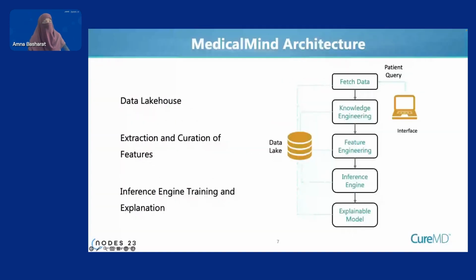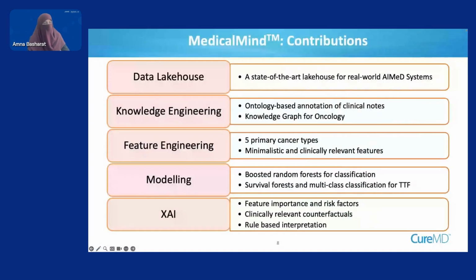So the Medical Mind architecture consists of a lakehouse and there are several feature engineering pipelines, including a knowledge engineering pipeline, on top of which an inference engine has been built with an explainability model. So if I were to sum up this layered architecture, the lakehouse is the foundation, and then everything else builds on top of it.